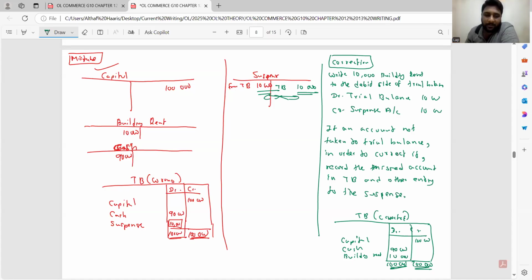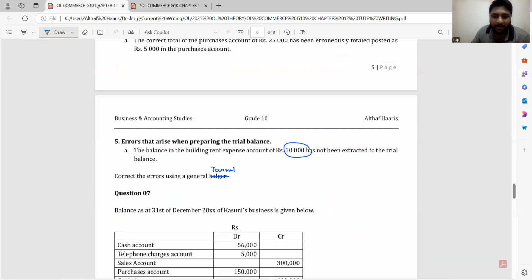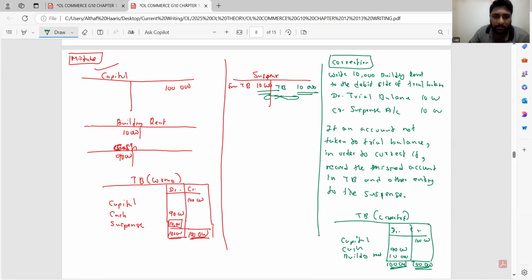Simple. They are telling this building rent 10,000 is not taken. So if it is not taken in the trial balance, 10,000 is missing, no? So if it is not taken, take it. Took it. Done. That's it.